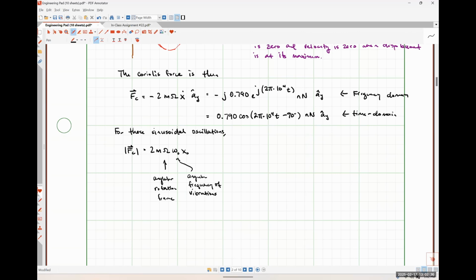Okay. So what I'm trying to show you here is that the Coriolis force that we are experiencing is proportional to our vibrational amplitude, right? This x naught term right here.